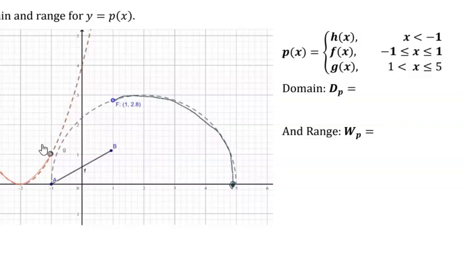Combined with the closed interval -1 to 1, and union with the open bracket 1 up to 5, and 5 is a closed bracket.